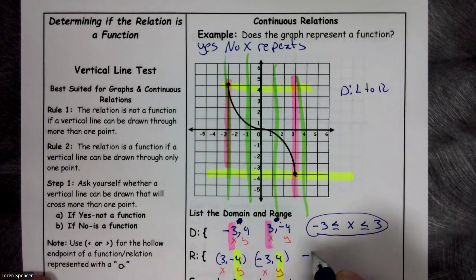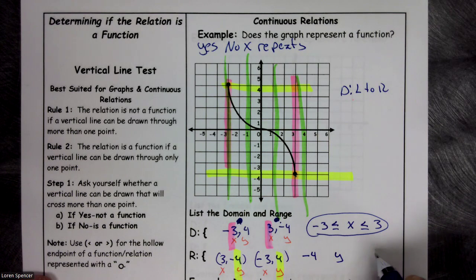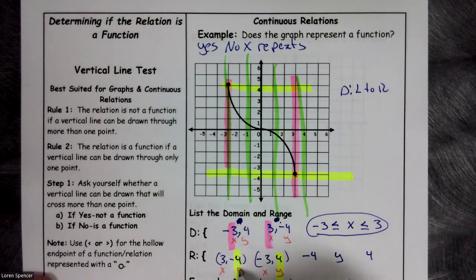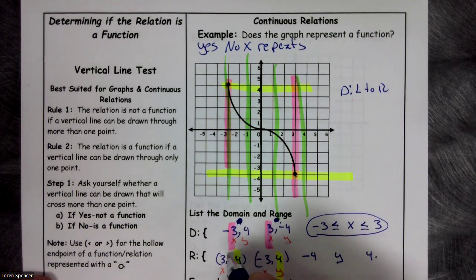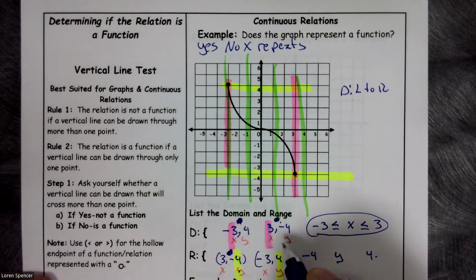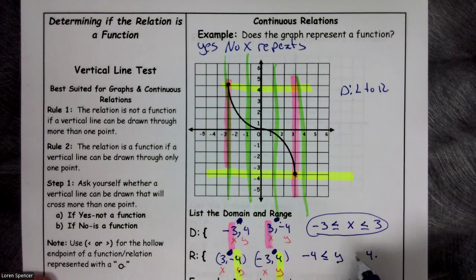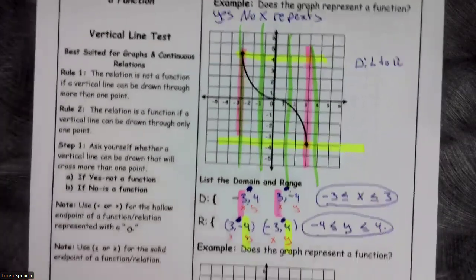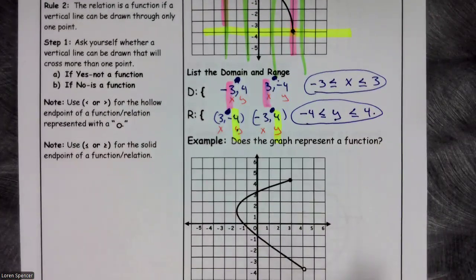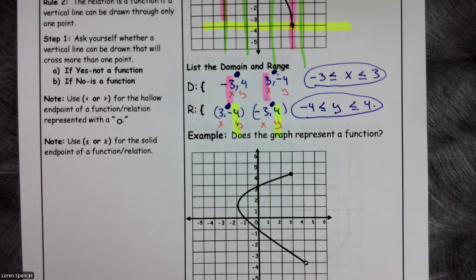So in this case, -4, leave a space, Y, leave a space, 4. There's my smallest, there's my largest, Y in the middle. Now, I have a solid endpoint and a solid endpoint, so both of these are less than or equal to. That's my range.